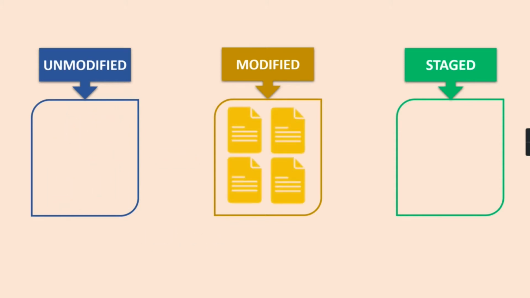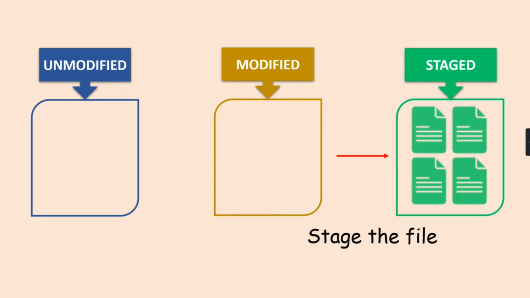The files in the modified area are ready to move into the staged area. As we stage a file with the git add command, its area immediately changes to staged, and we know that files in the staged area are ready to be committed.